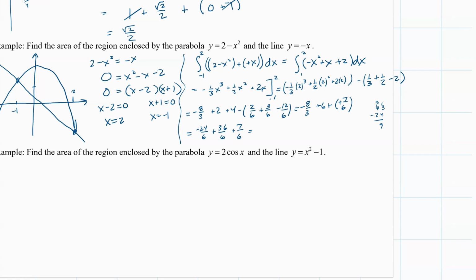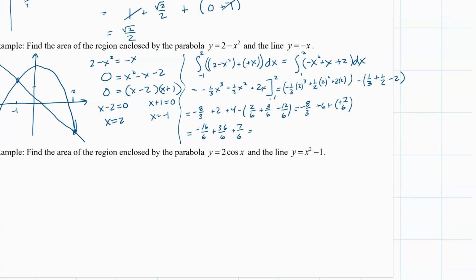Let me see where I screwed up. 36/6. Oh, here's my problem. 8/3, I have to multiply top and bottom by 2. This is -16/6. That's where I'm going wrong.